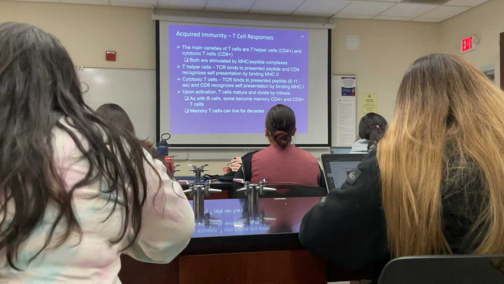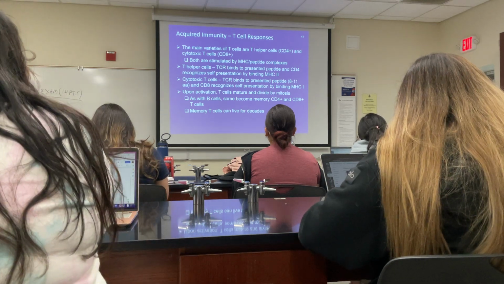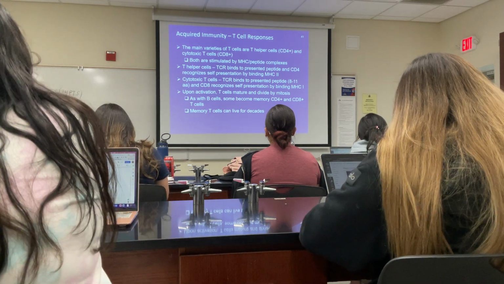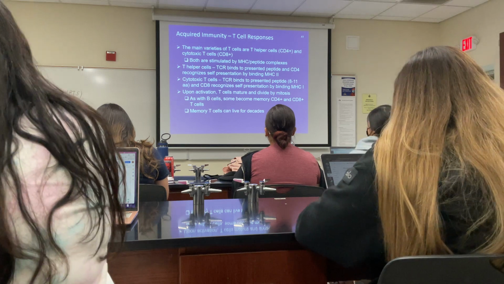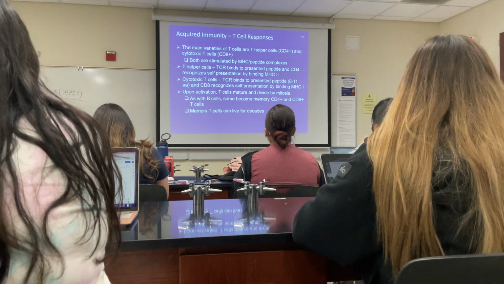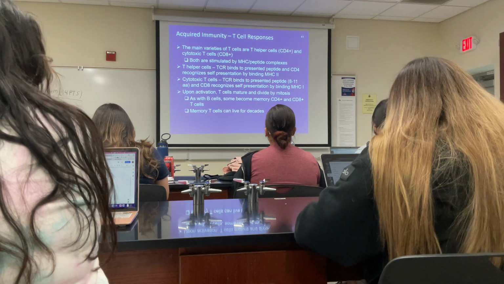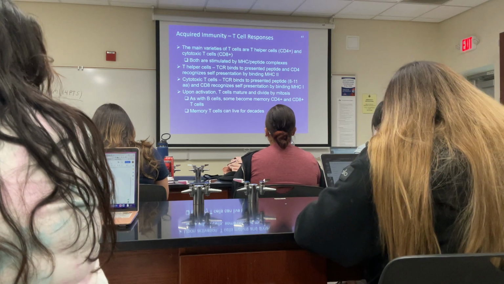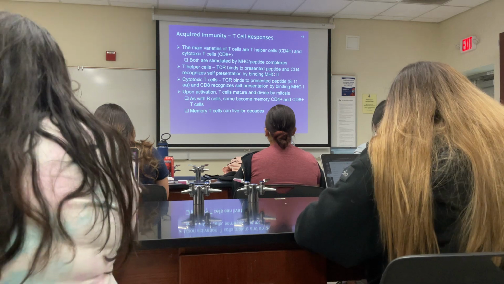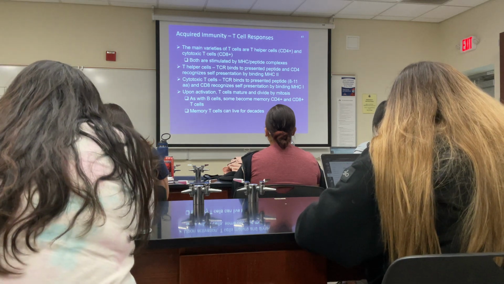Cytotoxic T cells, on the other hand, which we haven't really talked about yet, have the T cell receptor on their surface. Now it's going to bind to the peptide, usually 8 to 11 amino acids in length, and then its CD8 on its surface recognizes that it's your own MHC1 doing the presentation.